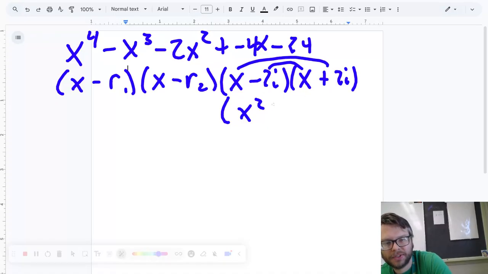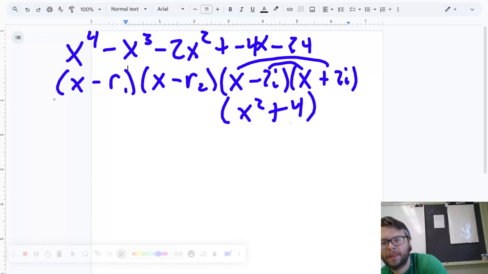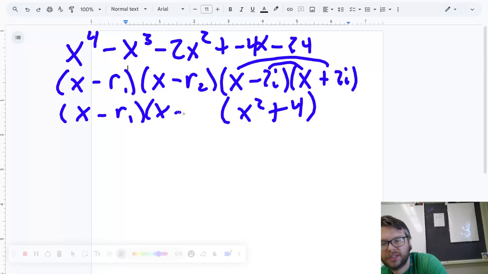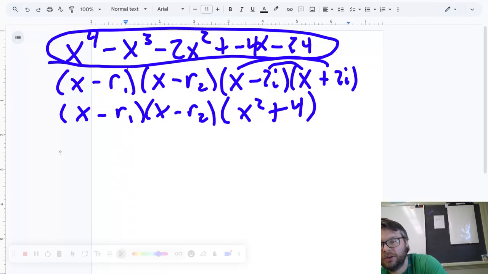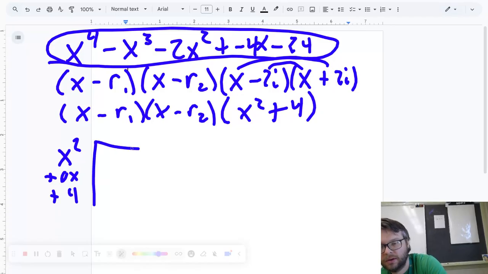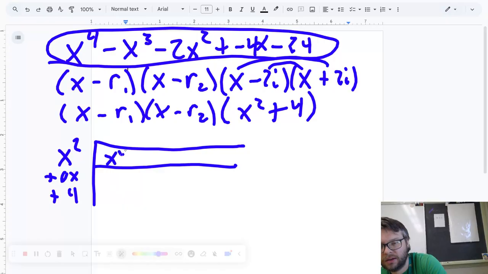Negative 2i times positive 2i becomes 4. So we know that something times x squared plus 4 equals the original polynomial. So we can do polynomial long division with x squared plus 0x plus 4 on the side. And then in here, we're going to fill in the different terms.